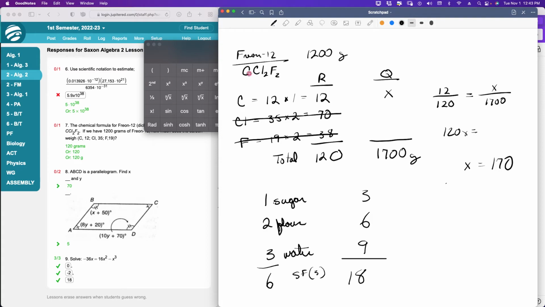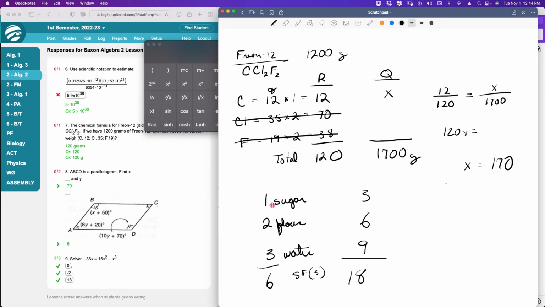You had 1 part of carbon, 2 parts of chlorine, 2 parts of fluoride or fluorine, whatever that gas is. And then you figured out the composition of that. You've got the grams times the number of parts in each one, gave you the total amount.